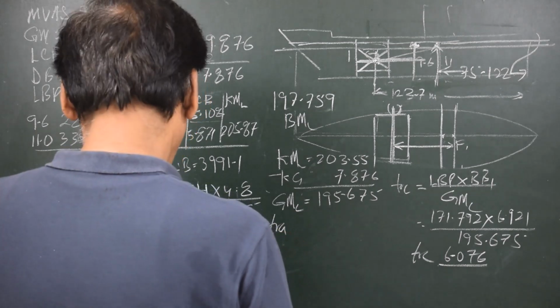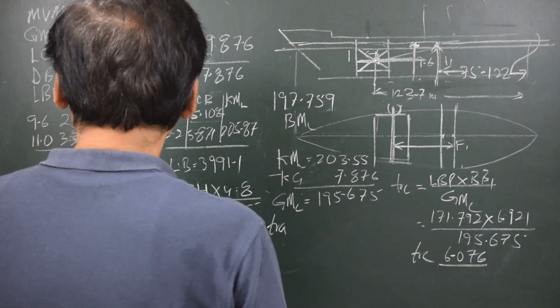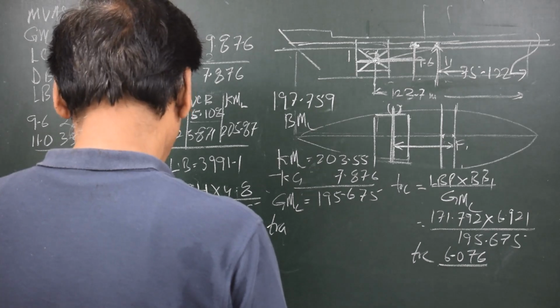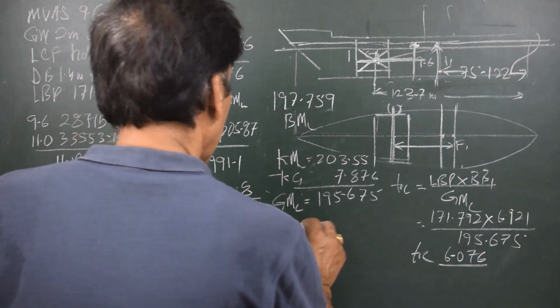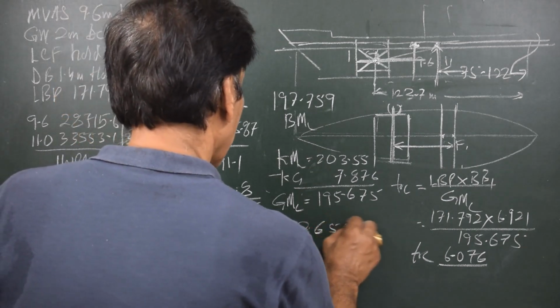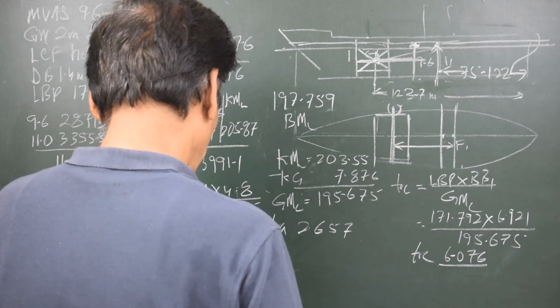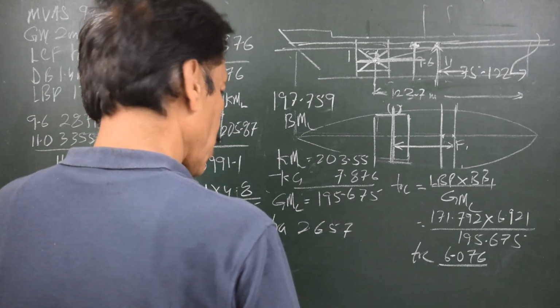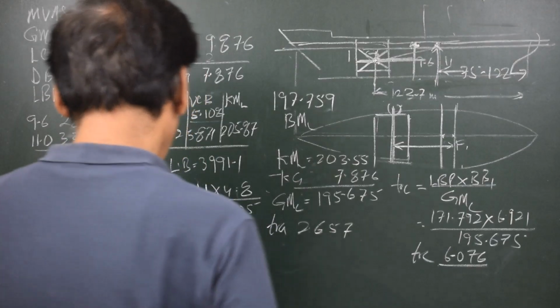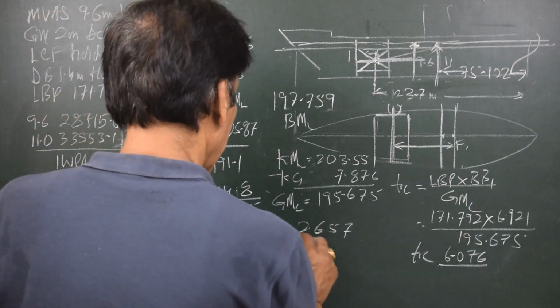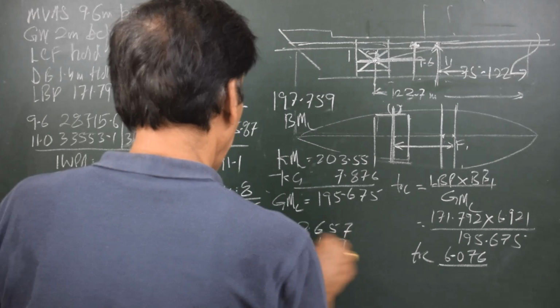LBP is 171.792. That gives me 2.657, and when I subtract this from the total trim change, that is 6.076, I get 3.419. That is TRF.